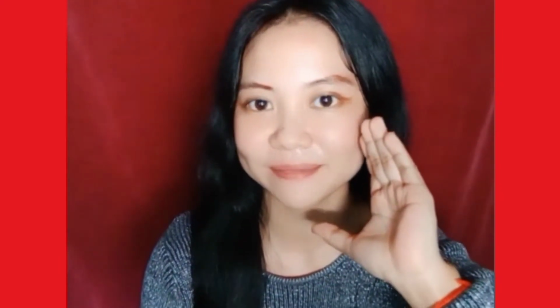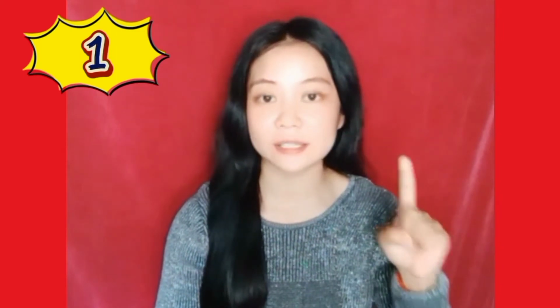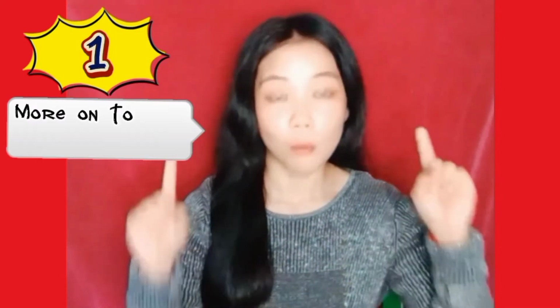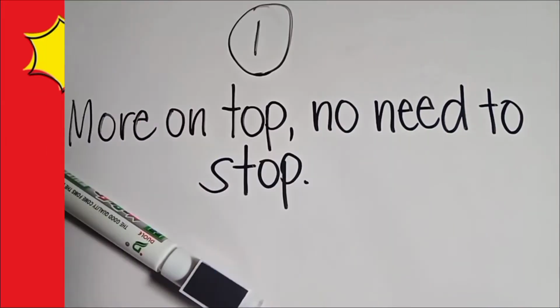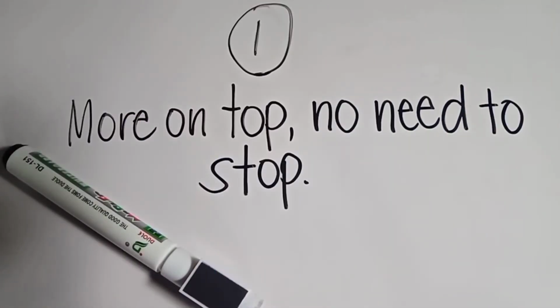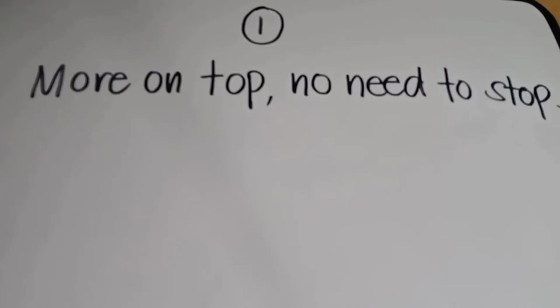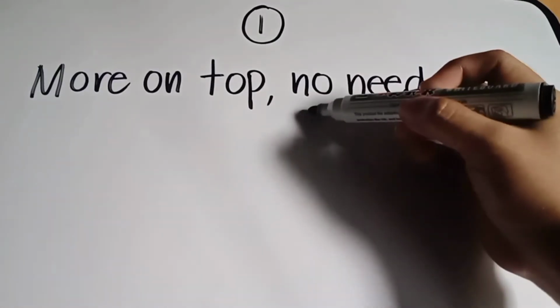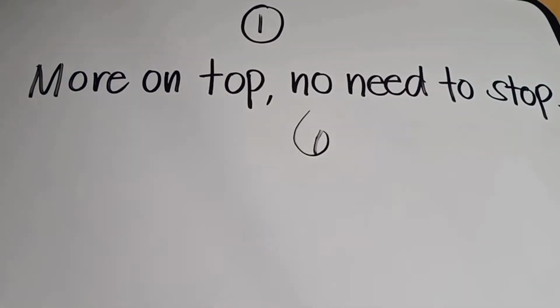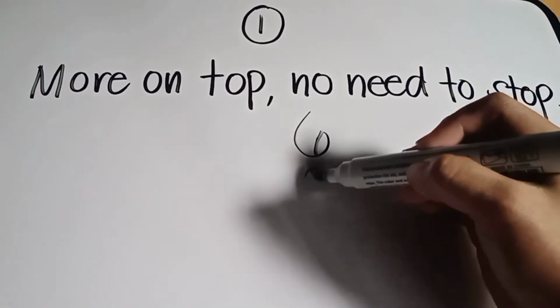I have something to share with you about tips on how to subtract numbers. Here is the first tip: more on top, no need to stop. Kamatiniks, in subtracting numbers, always remember this tip number 1. Let me give an example. Our minuend is 6 and our subtrahend is 3.